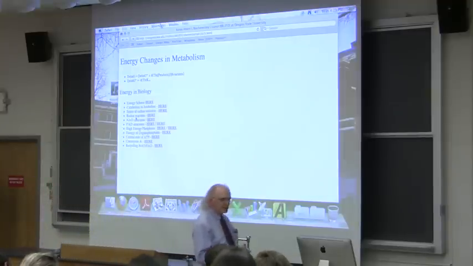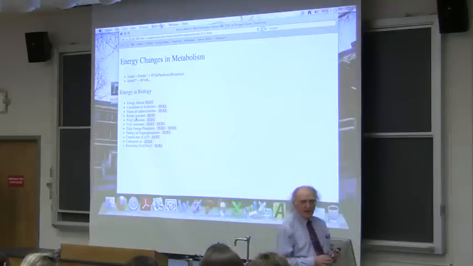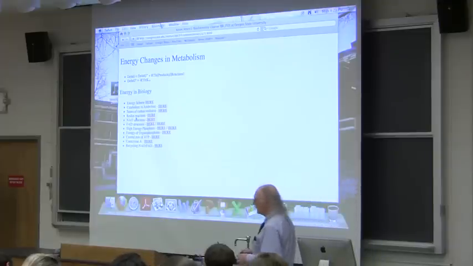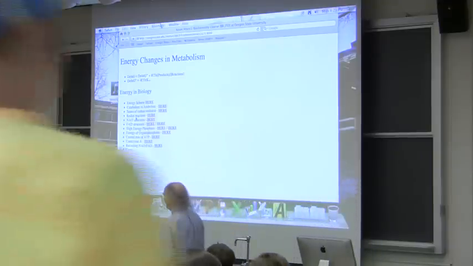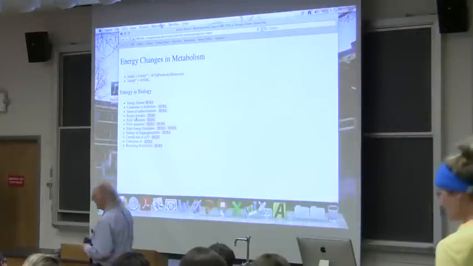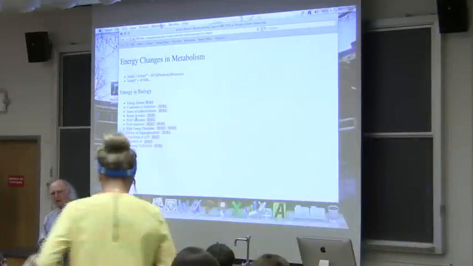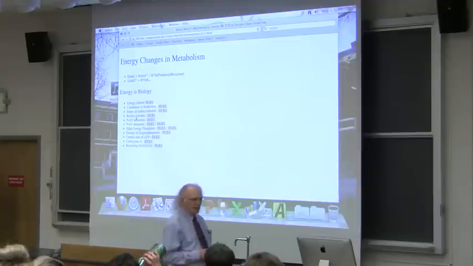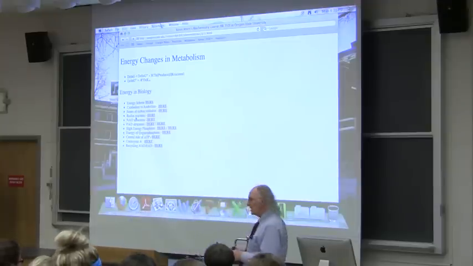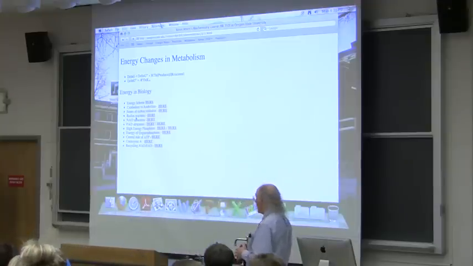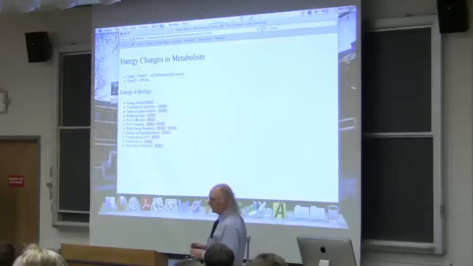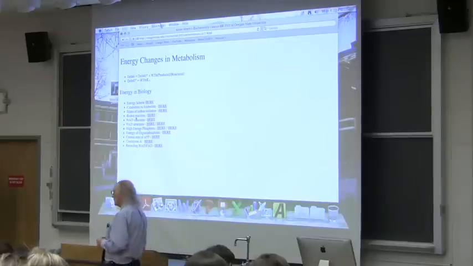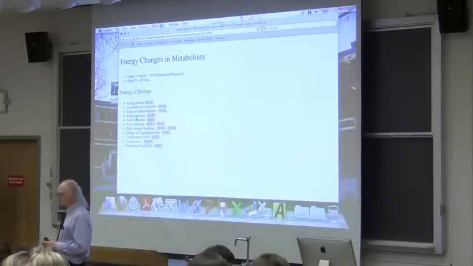Okay. The delta G, this term right here, the top term on the left, is the most important consideration for predicting the direction of a reaction. You probably learned in basic chemistry in your freshman year that if the delta G for a reaction is negative, the reaction goes forward as it is written. If the delta G for a reaction is positive, the reaction goes backwards as it is written. And if the delta G for a reaction is 0, the reaction is at equilibrium.